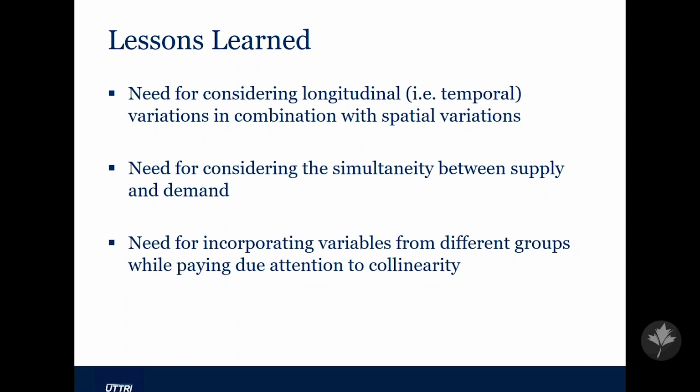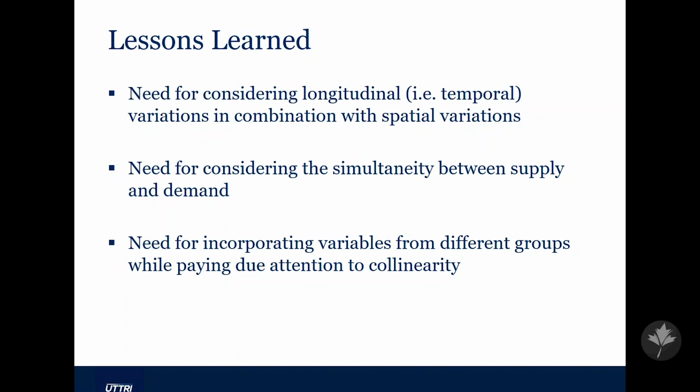The third lesson was to investigate a wide range of variables, not focusing on one or two or very few factors, but incorporate as many variables as possible so that we make sure that we are not missing something.